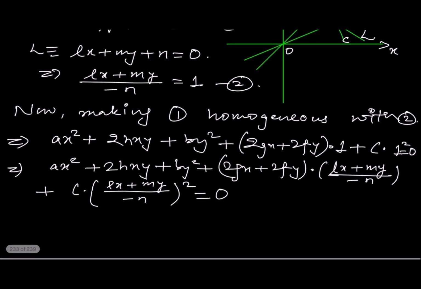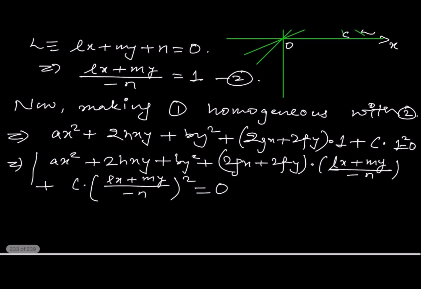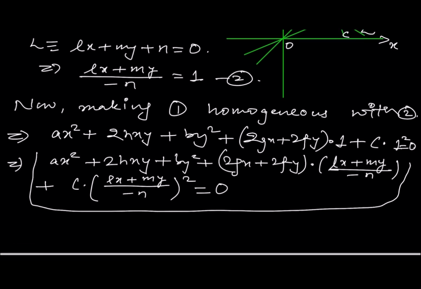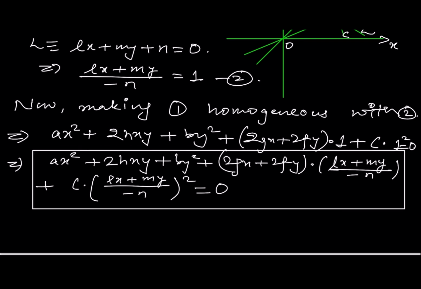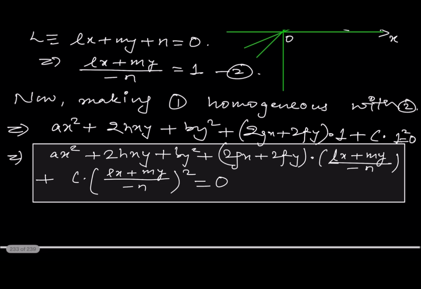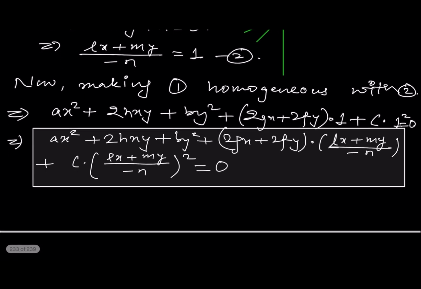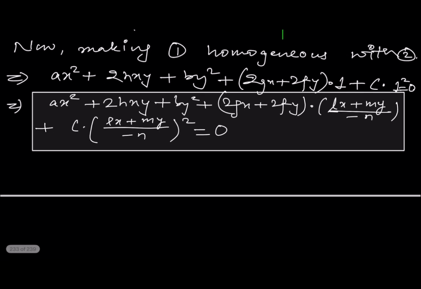Now in this equation which is in the box, each term has 2 degree, right? So this equation has been homogenized. Let us take a question based on this concept.